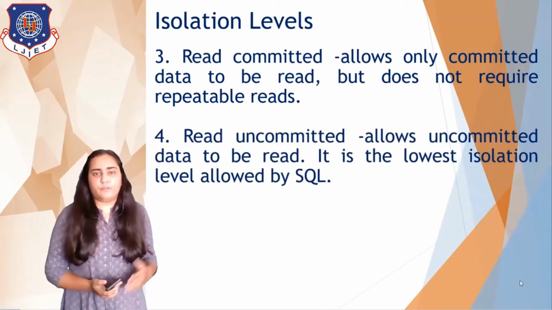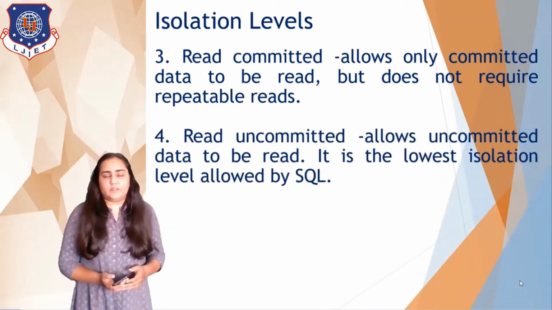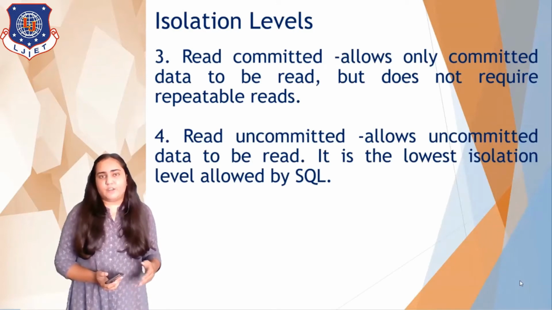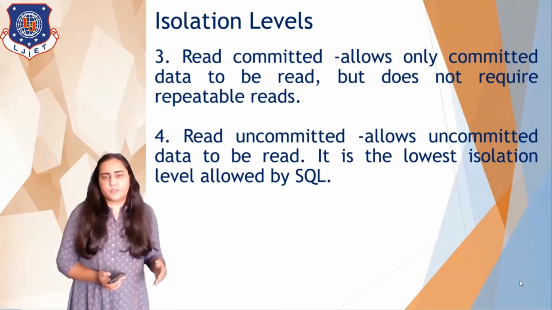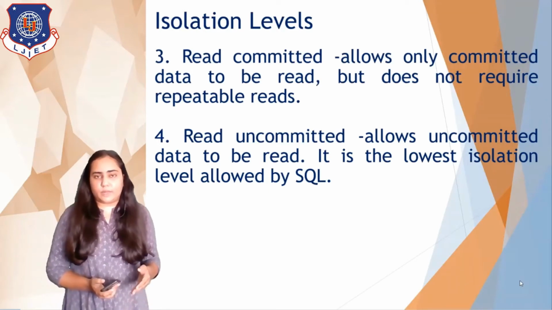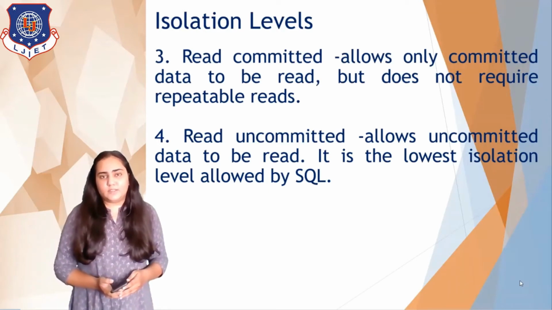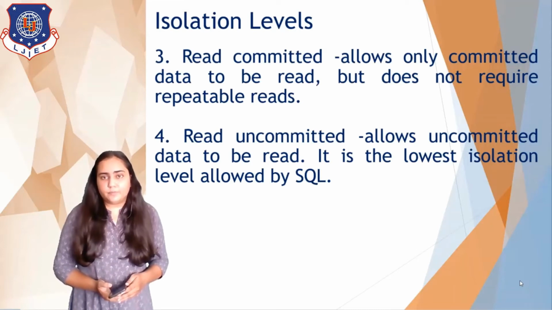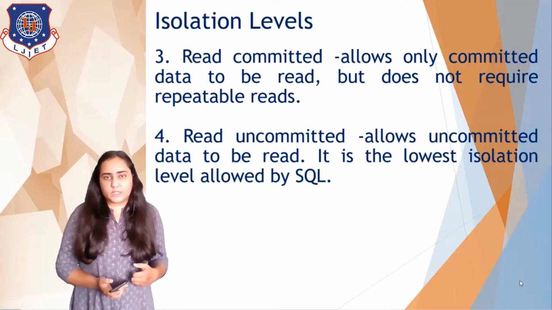And so our fourth level is where there is maximum concurrency and very little isolation. It is also the lowest isolation level which is allowed by SQL, and it is known as read uncommitted. This allows uncommitted data to be read.